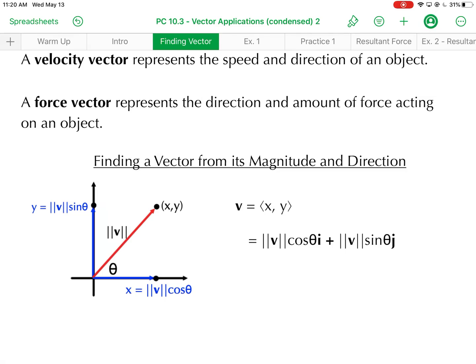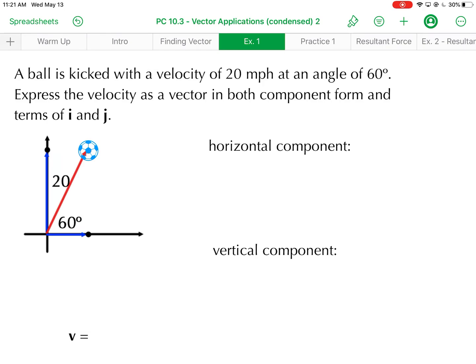And then the vertical component y would be nothing more than the magnitude of the vector multiplied by sine of your angle theta, okay? So this is really nothing new here. We're just applying our right triangle trigonometry to help us represent these components in terms of magnitude and direction, okay?